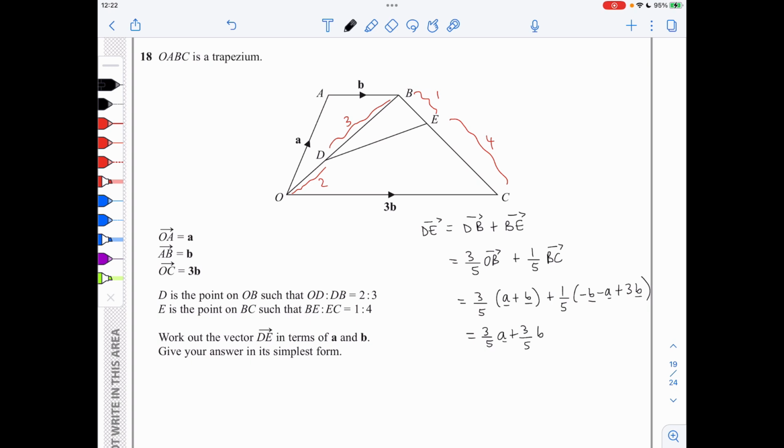For the second bracket, I collect the like terms, so it's 1/5 of 2b minus a. A further expansion will take me to 3/5 a plus 3/5 b plus 2/5 b minus 1/5 a. And therefore, as a final answer, the vector DE is 2/5 of a plus b.